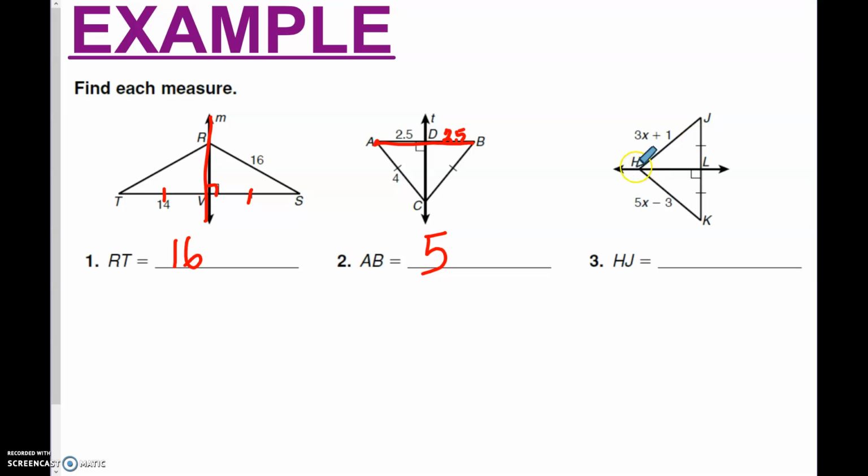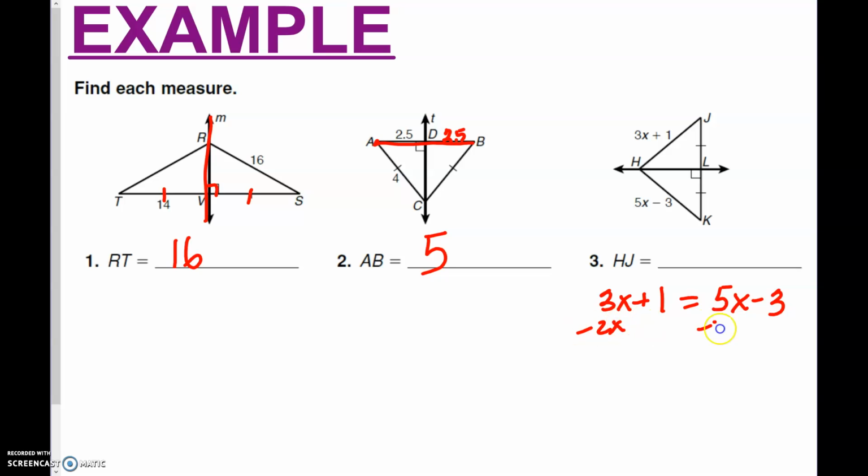All right, HJ. First thing I'm checking is perpendicular and bisector. So we're good. Okay, so 3x plus 1 must be equal to 5x minus 3. You always have to make sure that you write that algebraic statement. Now go ahead and solve however you need to.